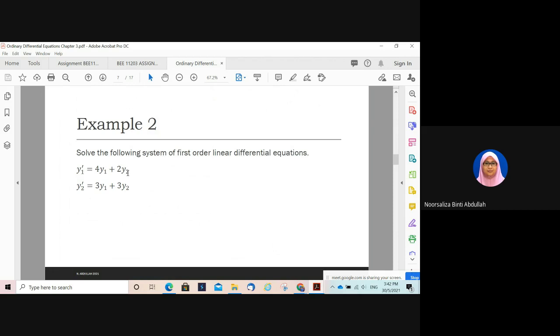So, if the system is in this form, this one is a homogeneous system.